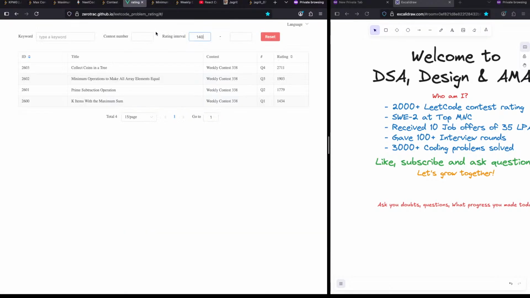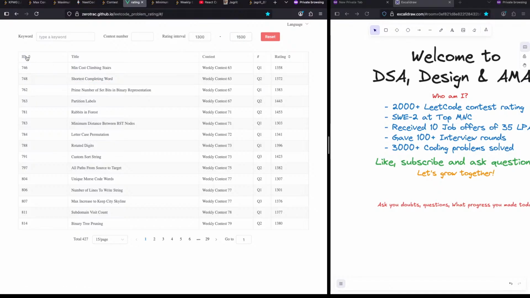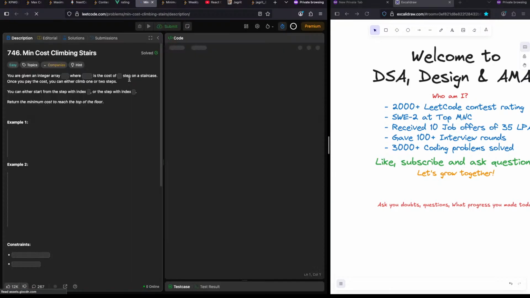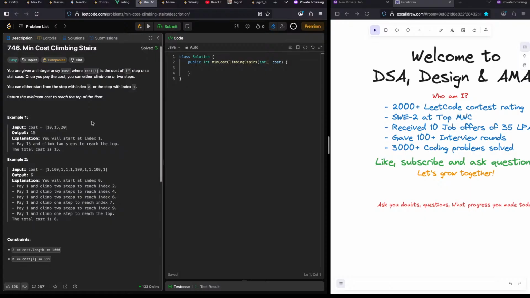Everyone starts from zero. So if let's say you have a rating of 1500, you start with problems close to this. The first problem that we get is minimum cost. This is a DP problem, so this is where you will first hit DP. Is it a DP problem?